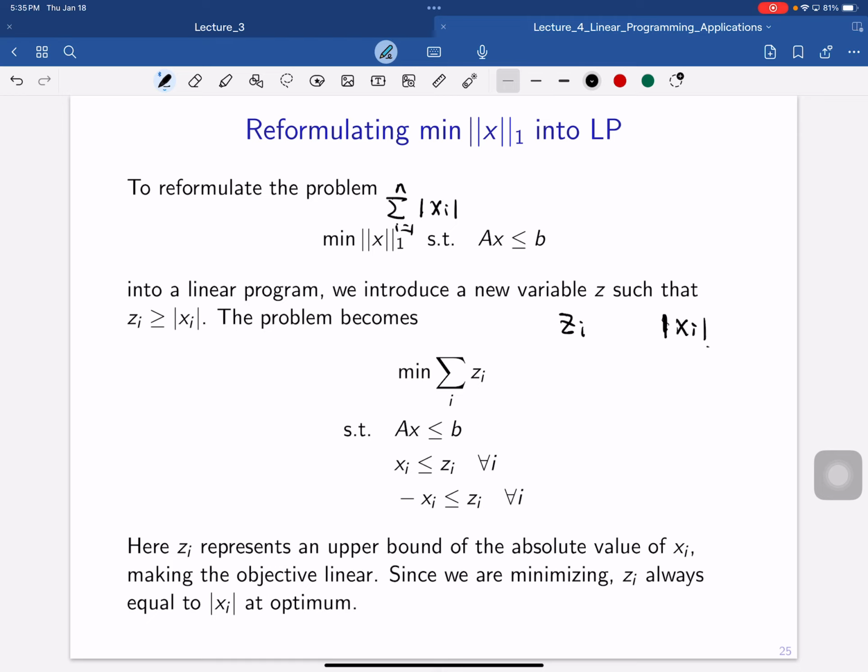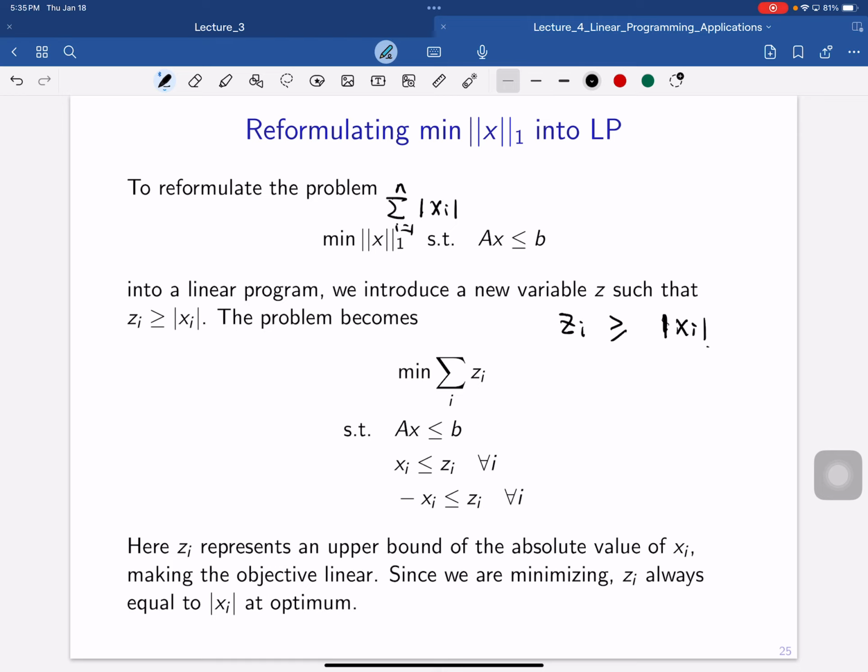Since you are minimizing, if you can have z_i greater than or equal to the absolute value of x_i, and then you are minimizing, then z_i will always be equal to the absolute value of x_i in this problem, right? Okay. So the way to do that is the following, right?